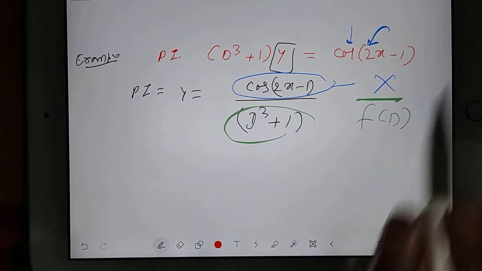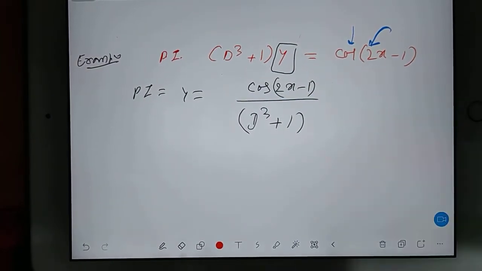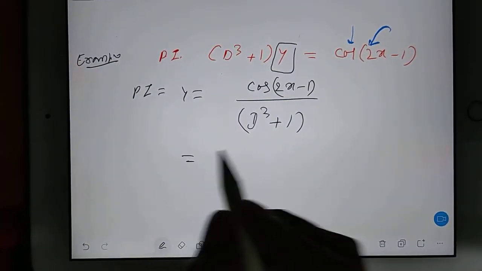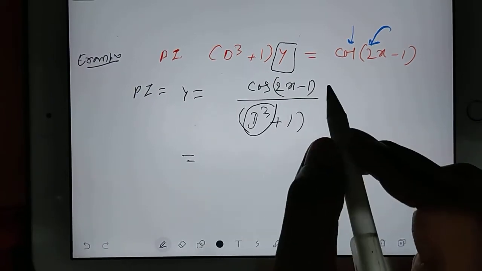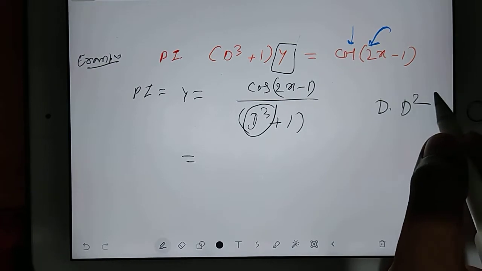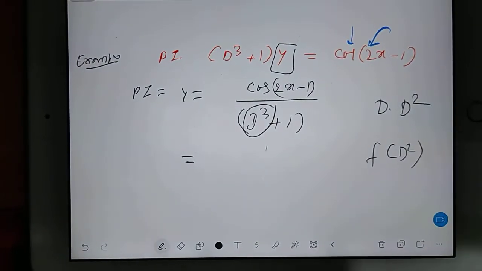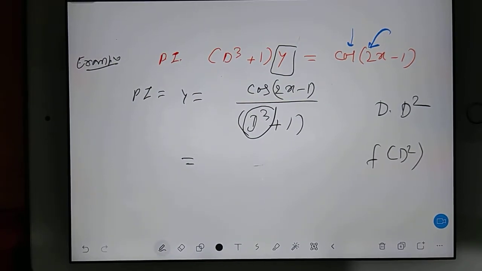It means we have to operate with our known logics. So let's approach. Now this d cube I can break as d into d square, because we are calculating our PI only for f of d square function.